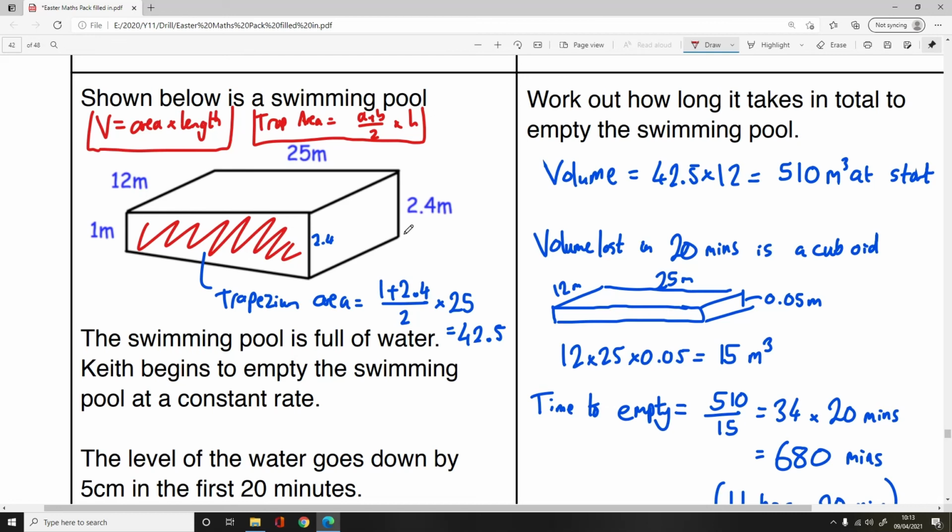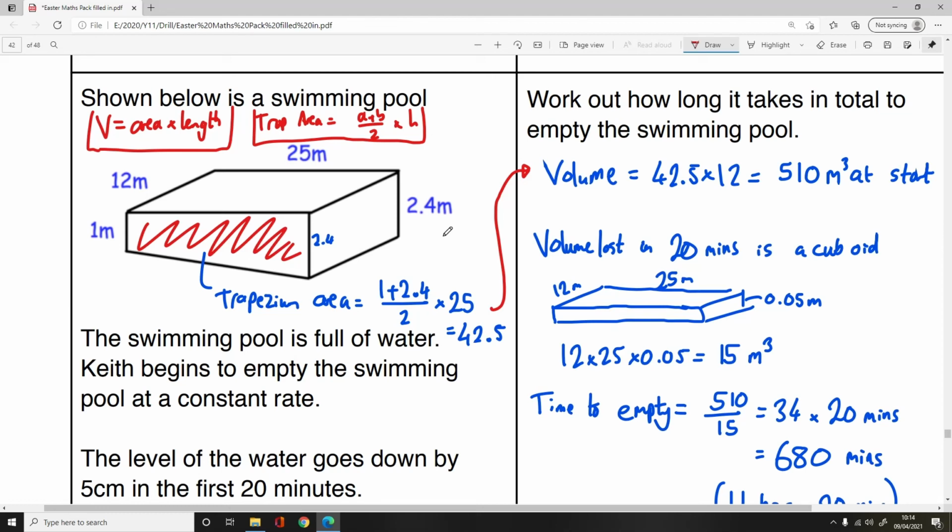We plug that into A plus B over 2 times H, and we get that the area of the trapezium is 42.5 meters squared. We can then use that to get the volume of the pool, because it's a prism, that times the length, so 510.